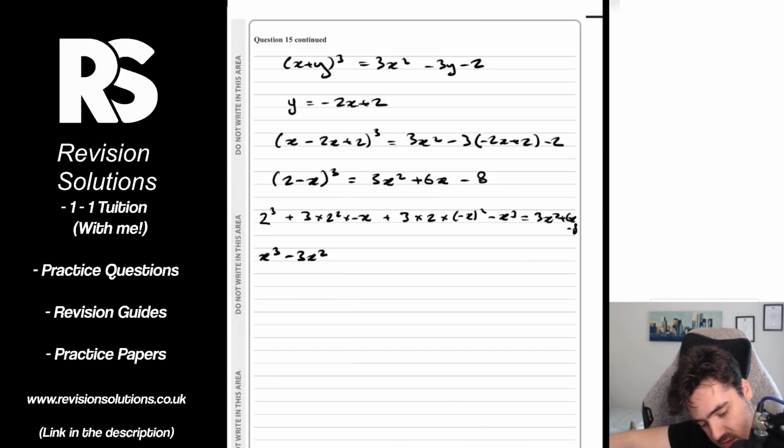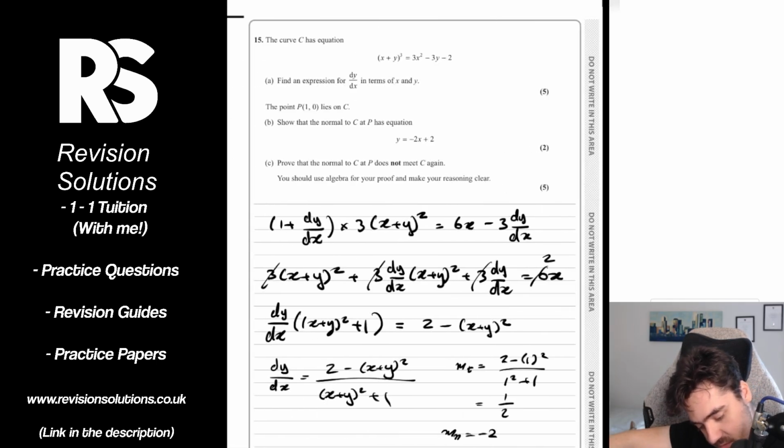Then our x term, we've got 6x here, but we've got a minus 12x here, so that's going to be 18x if we add it to the other side. And then we've got minus 8 and a positive 8 here, so taking the 8 over, we're going to have a minus 16, equal to 0.